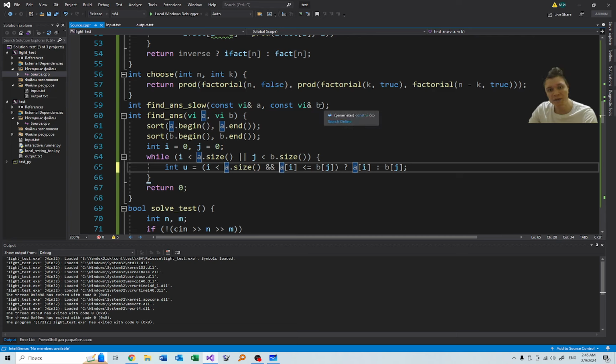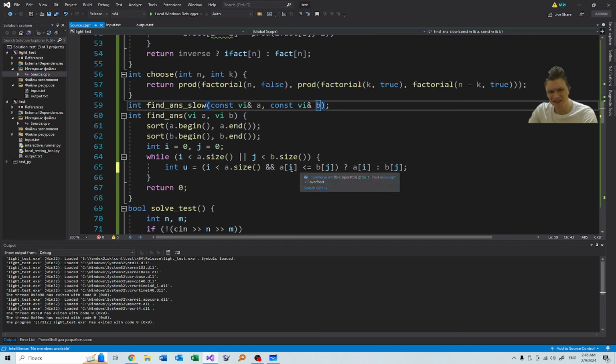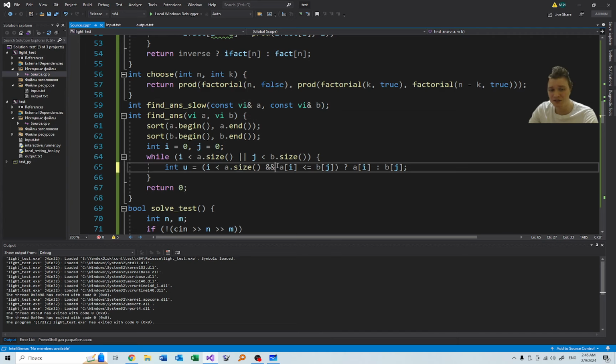I could fix it by push backing 0, but I don't want to, so instead I'll say that j should be b.size or ai is at most bj. So I have this number u.